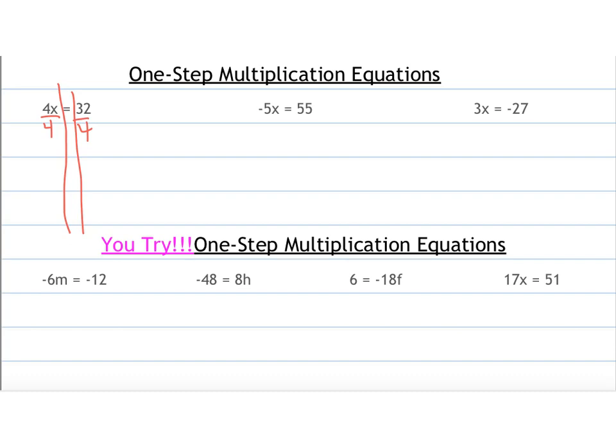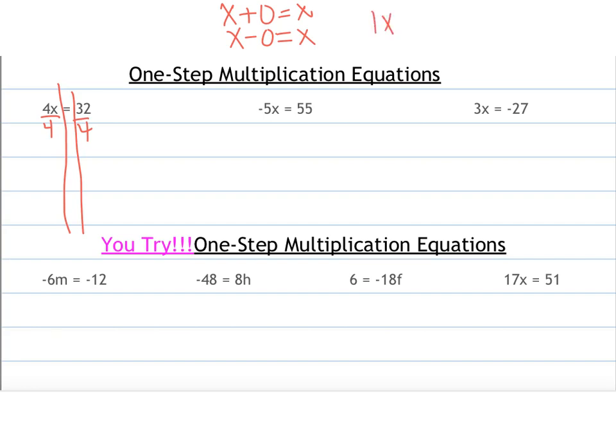So 4 divided by 4 is 1, which is the point. We want to get to 1 because 1 times x is itself. So in addition and subtraction, we wanted x plus 0 or x minus 0 because then we got x alone. Now on these problems, we want 1 times x.